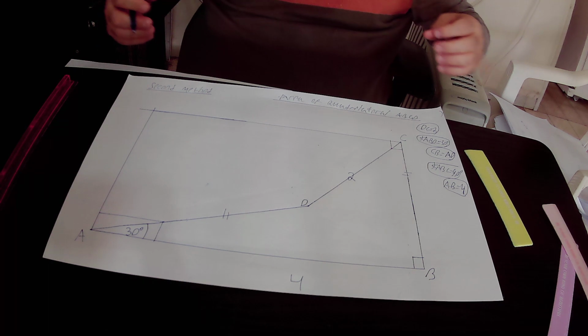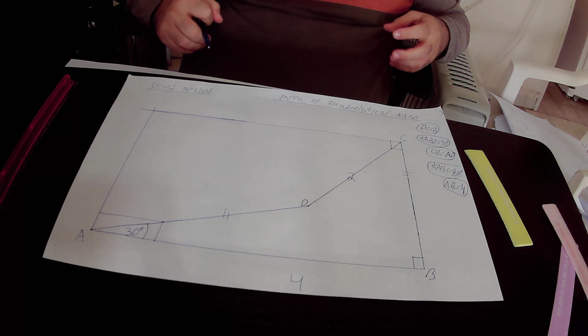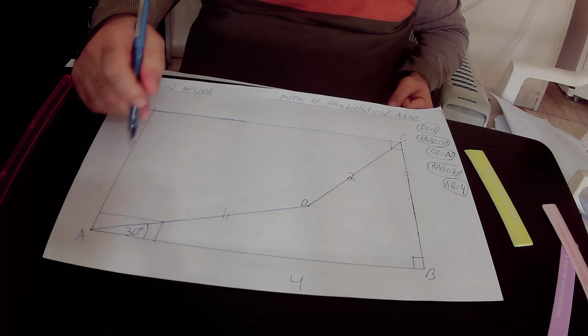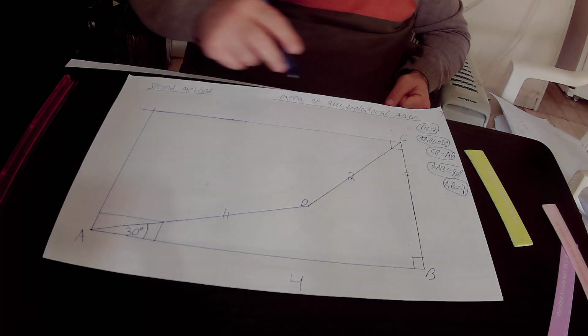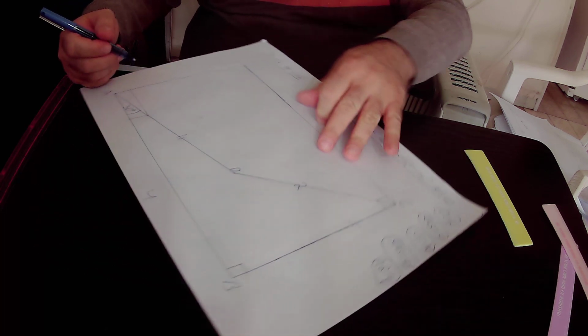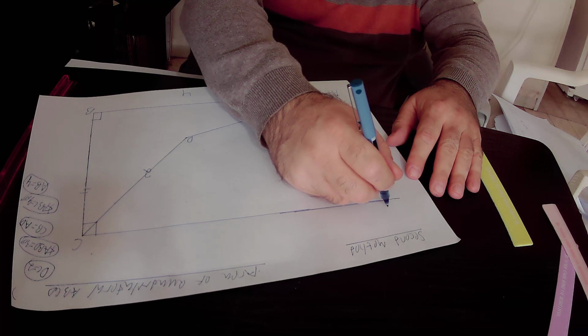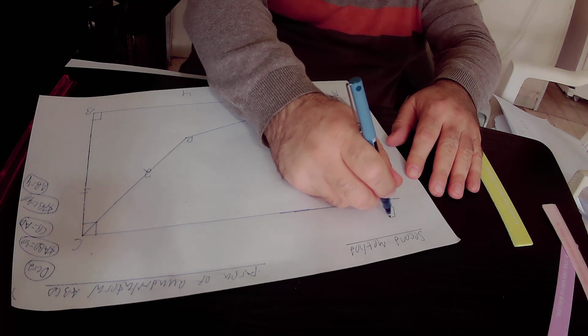We will define the intersection point between the perpendicular from A and the perpendicular from C as point E. So this point is defined as point E.